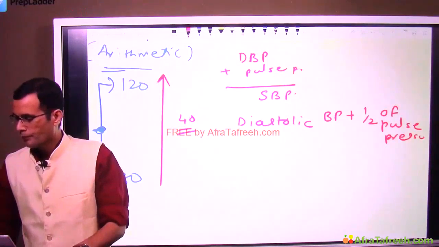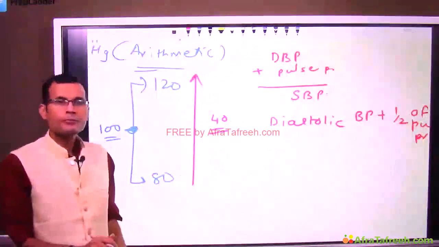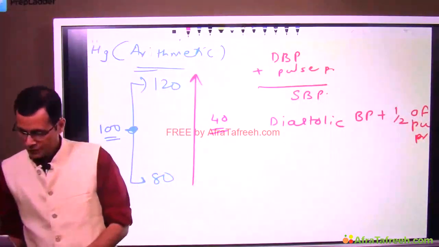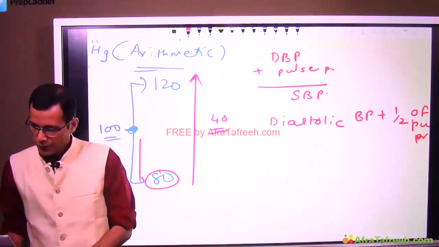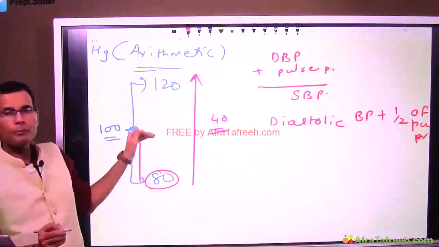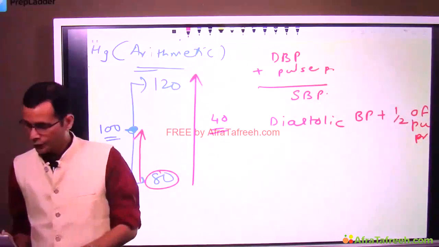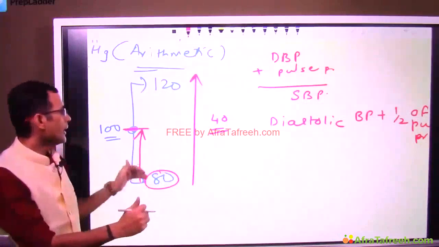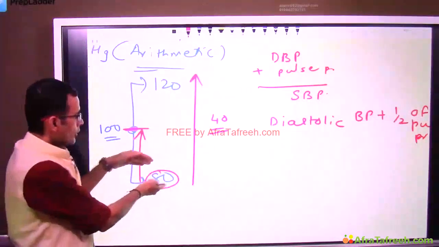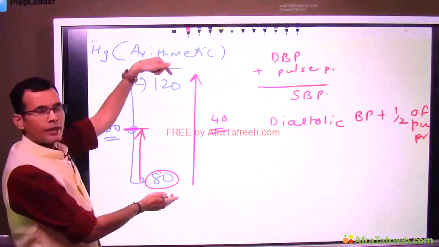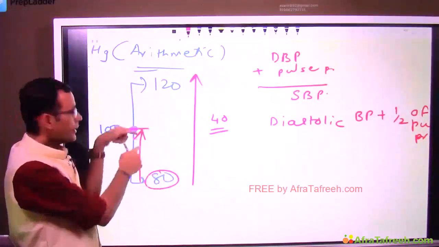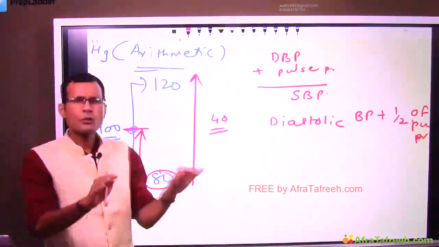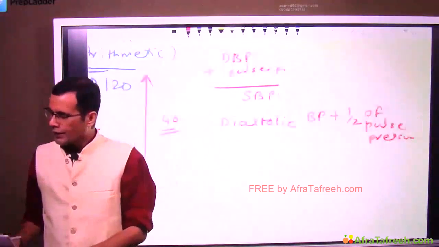Pulse pressure is 40. If you add half of the pulse pressure into the diastolic BP, so 80 plus 20, you will reach 100, the exact halfway mark. You add the full pulse pressure, you reach systolic. You add half of the pulse pressure to the diastolic blood pressure and you reach the halfway mark, obviously. Quite easy to understand.